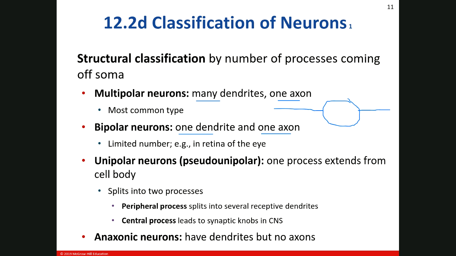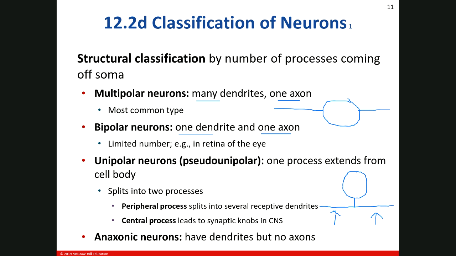A unipolar, right, you've got a cell body that sits up here like this, and then you've got one little process coming off, and then it goes this way, and it goes this way, okay? So one of these processes is what we're going to refer to as a peripheral process, and then the other one is going to be a central process. We see this type of neuron in our dorsal root ganglia.